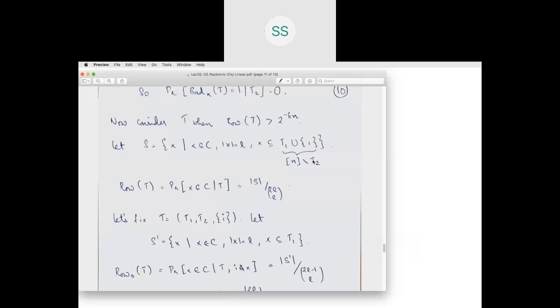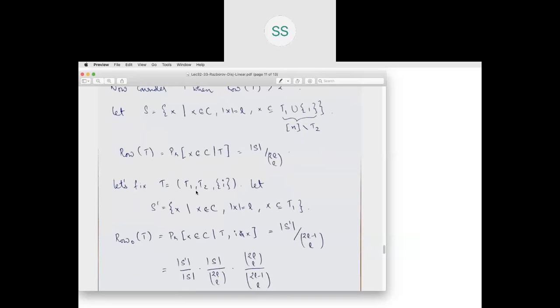So 2L choose L elements are there, out of which C contains a subset, given by S. So rho t is nothing but the size of S divided by the total number of possible rows that you could have chosen, which is 2L choose L. So rho t is S divided by 2L choose L.